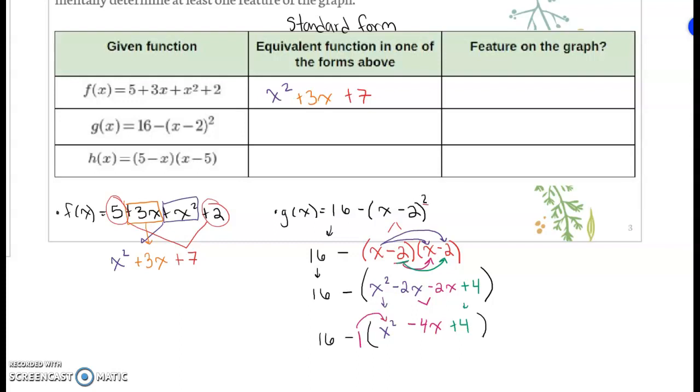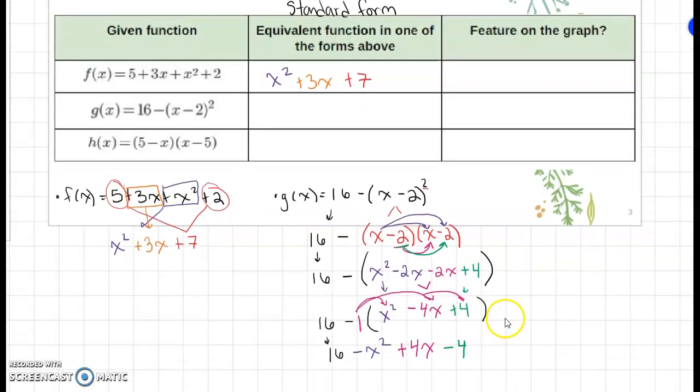So what I'm going to do is I'm going to distribute it to every single one of them. So essentially, all I'm doing is changing the sign in front of our problem here. So I have negative x squared, and then a negative and a negative make a positive, and then a negative and a positive make a negative. Now I can combine like terms.